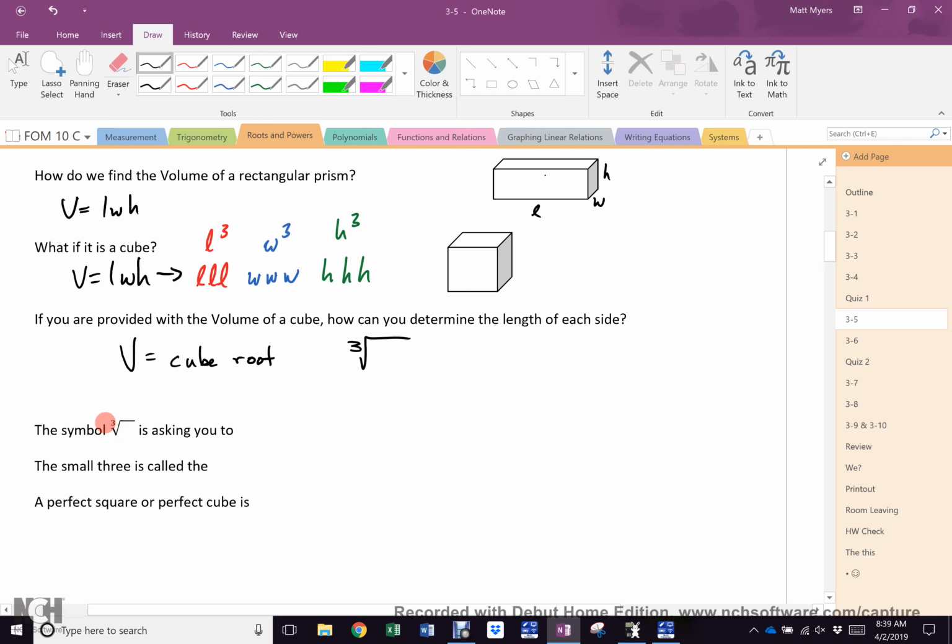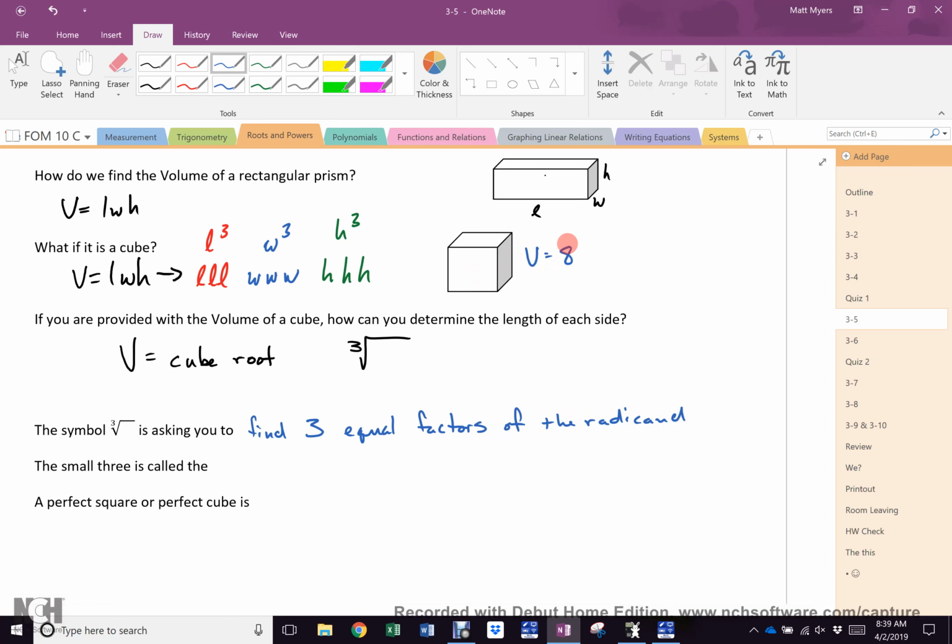When there was no number there, I was looking for how many factors? 2. When there's a 3 there, what am I looking for? I'm asking you to find 3 equal factors of the radicand.